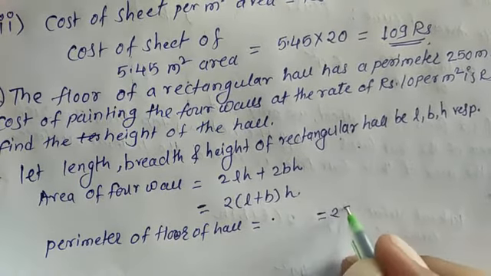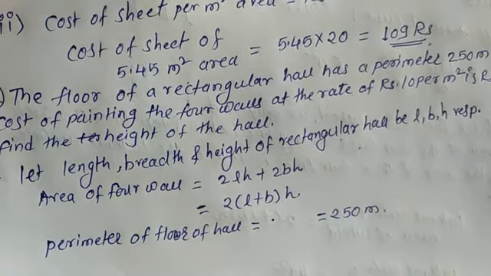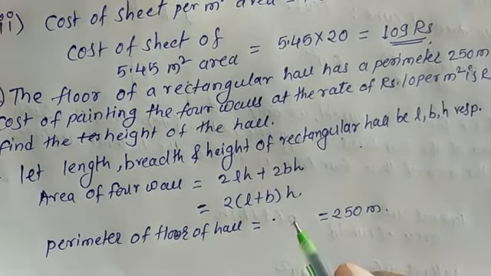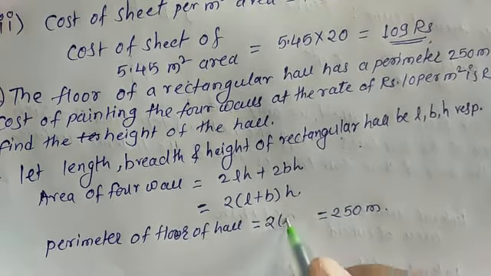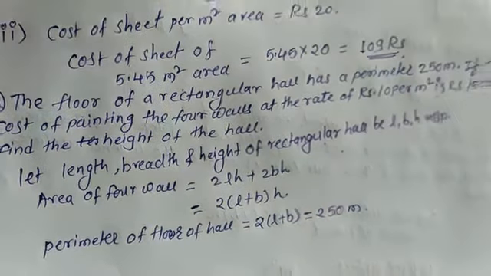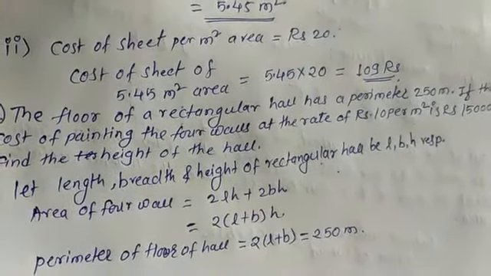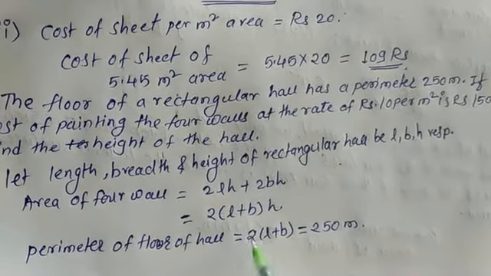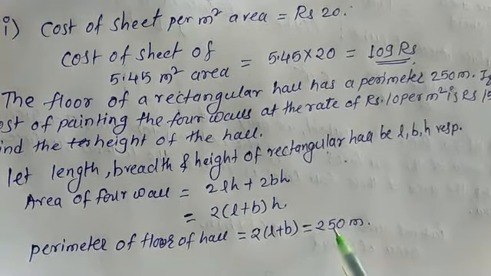The formula for the perimeter is twice length plus breadth, so 2 into bracket L plus B is equal to 250.